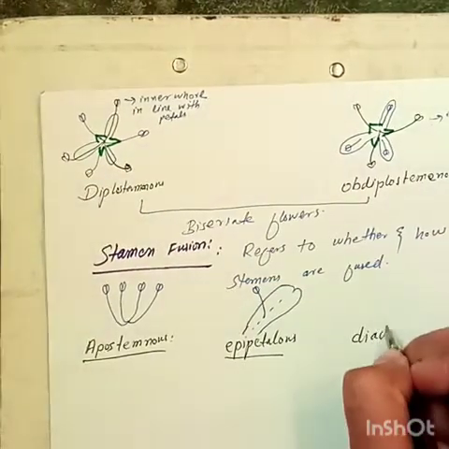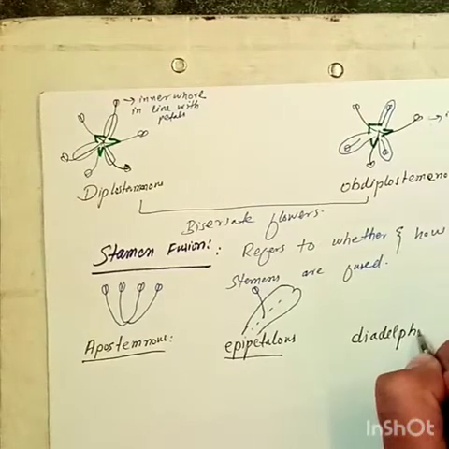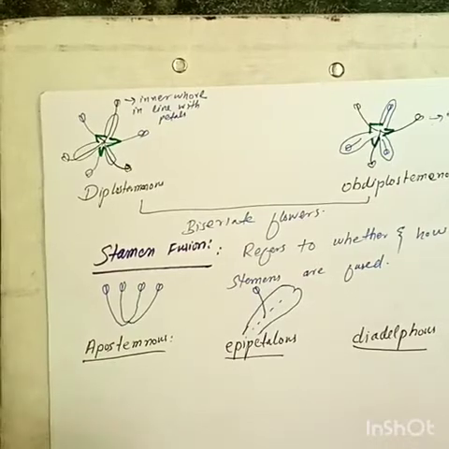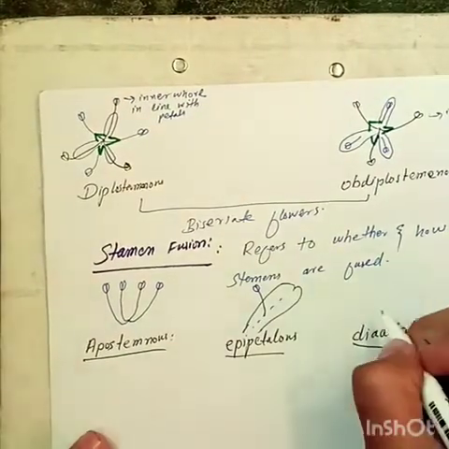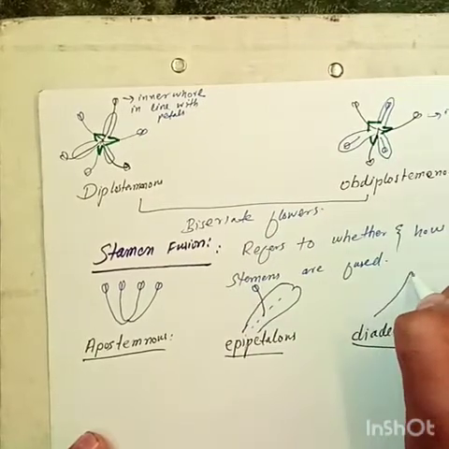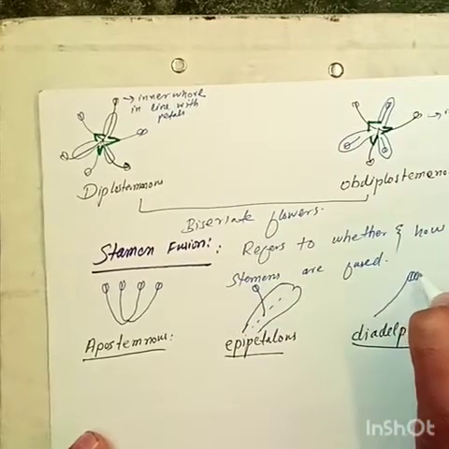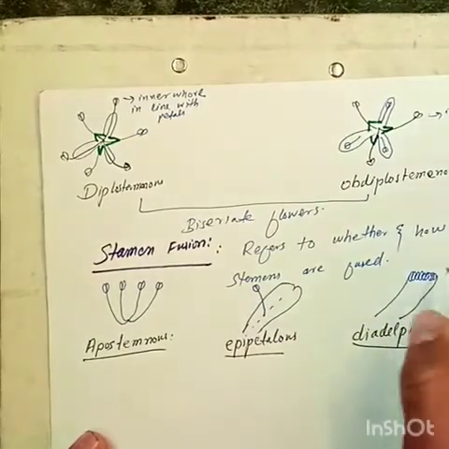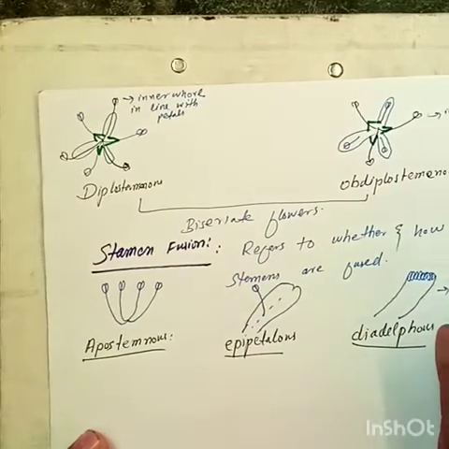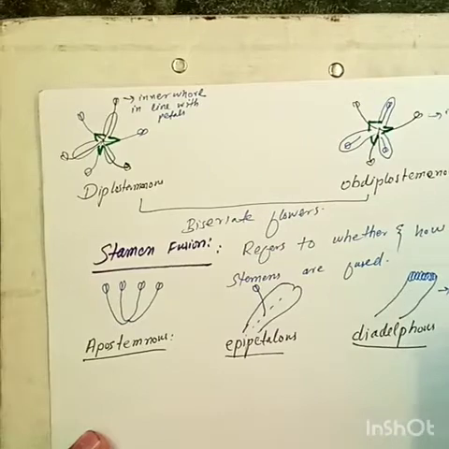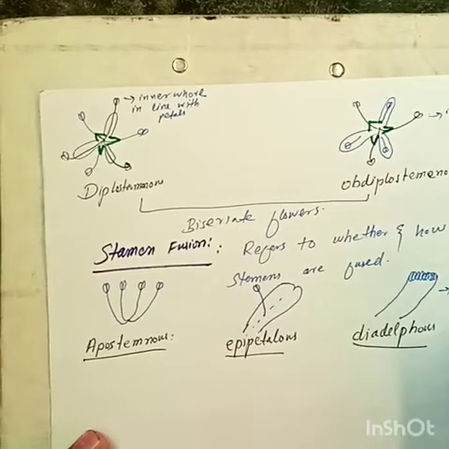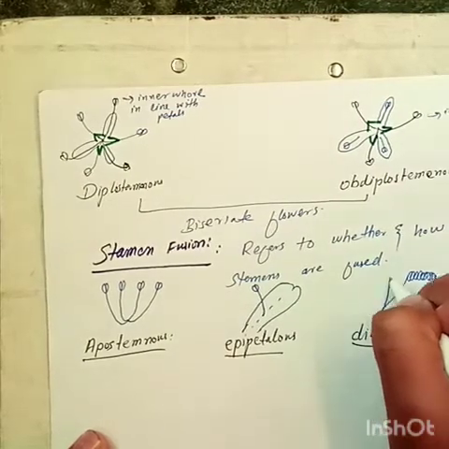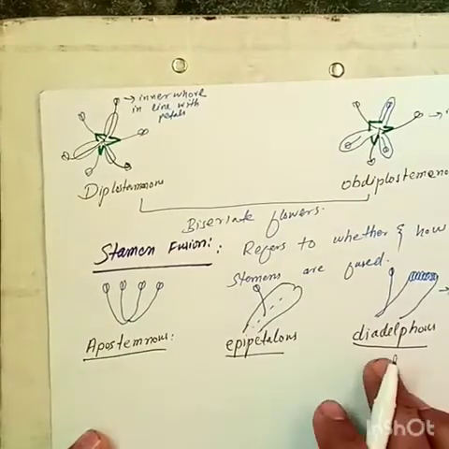The other condition is diadelphous. In diadelphous, there are 9 fused or connate filaments, while the one remains free. Such condition is known as diadelphous.